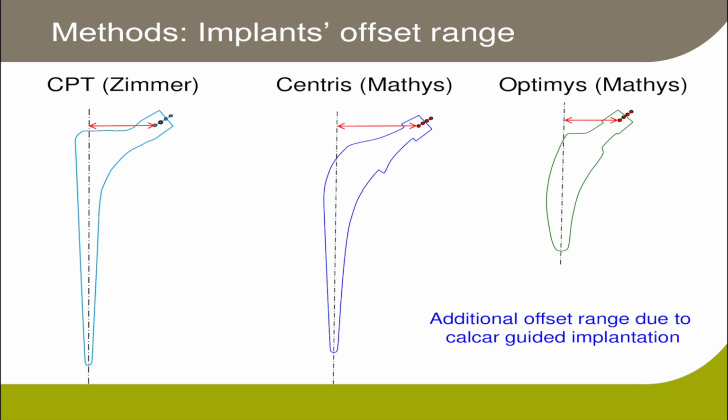We first looked at what the offset range would be for these different implants. So we looked, for each size, going from a -3.5 to a +3.5 or +7 neck length, at how the offset ranged in these 3 different settings. Knowing, of course, that for the Optimis stem, you would have additional variation due to the fact that you can implant them either in varus or in valgus.